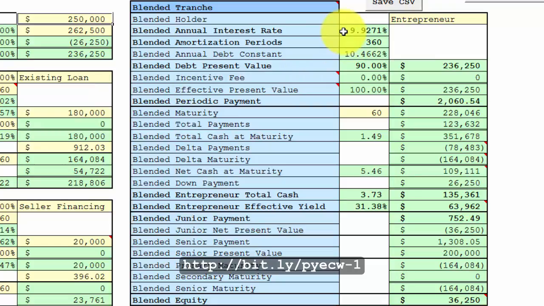So the interest rate is 9.9271% or 9.93%. Try to keep this number under 10% for the wrap. That will avoid undue scrutiny on your financing structure.